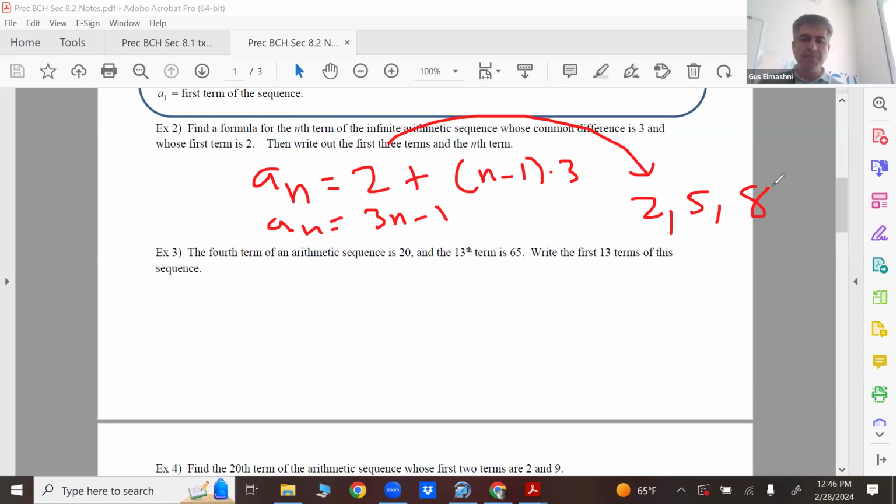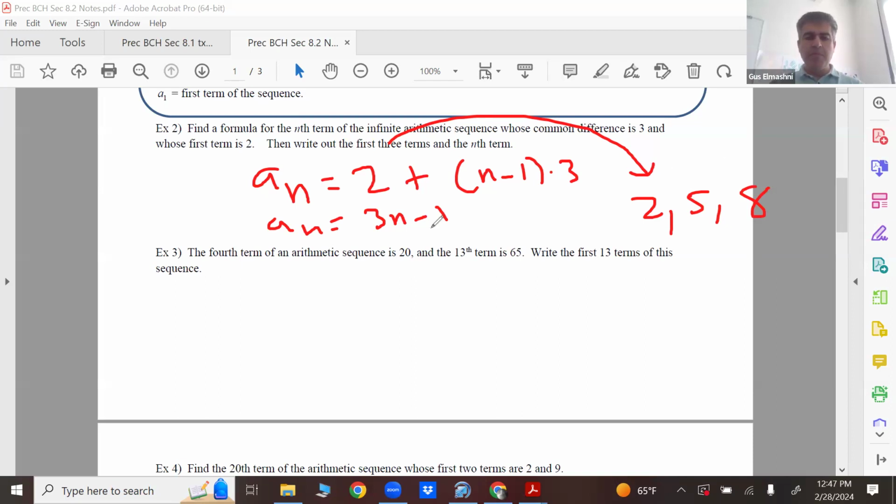So there you go. Does that make sense? What I just did? We're good? Okay. In the first set of instructions, find a form for the nth term of the infinite. I'm not sure how it's any different than find the nth term, but anyway.